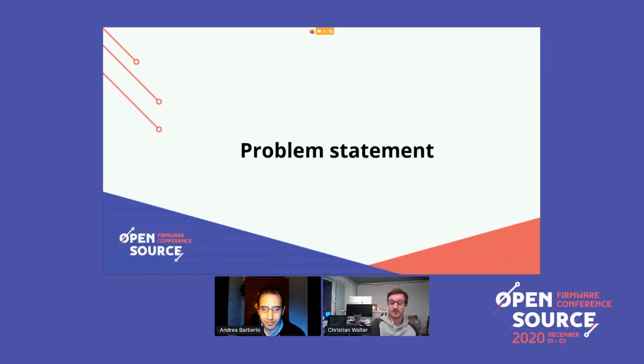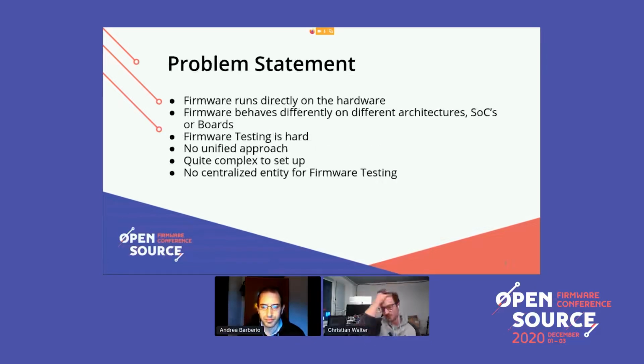Okay, so the problem. What is the problem here? Firmware itself runs differently on each and every hardware, and that is a major problem when it comes to testing. Firmware behaves differently on different architectures, on different SoCs, on different boards. Whatever components are involved in that whole setup, it changes how the firmware runs and behaves.